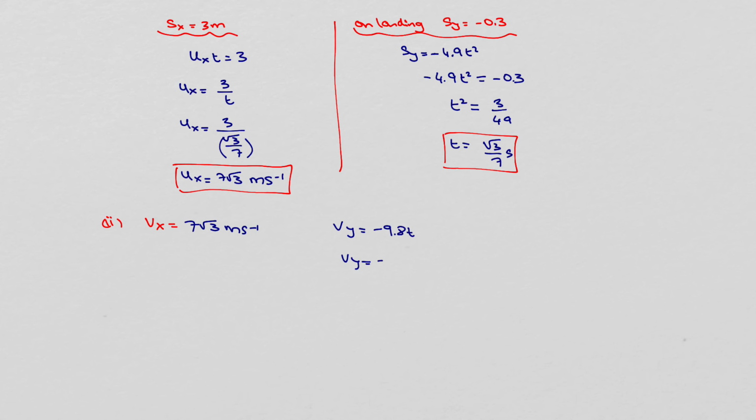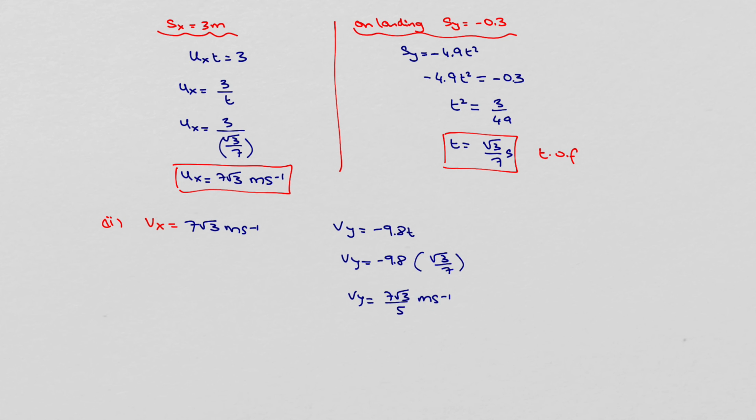If we sub in our time of flight, then we have minus 9.8 times root 3 over 7, which is equal to 7 root 3 over 5 metres per second.